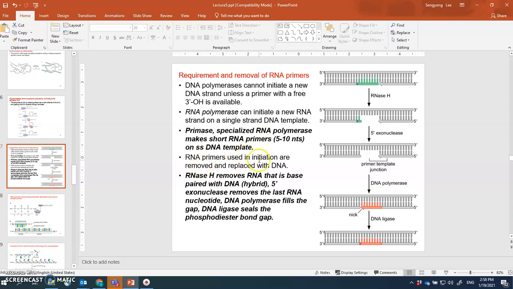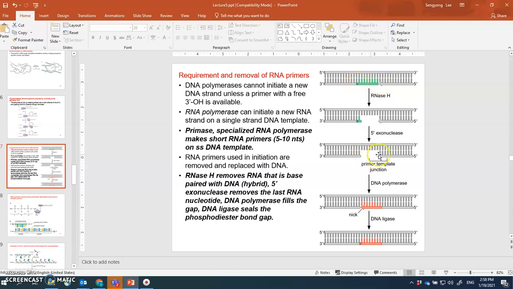RNA primers are used in the initiation of DNA replication, and then they are removed and replaced with DNA. RNase H removes that primer, through its exonuclease activity, chewing up from the 5' end of the primer, getting rid of RNA nucleotides.